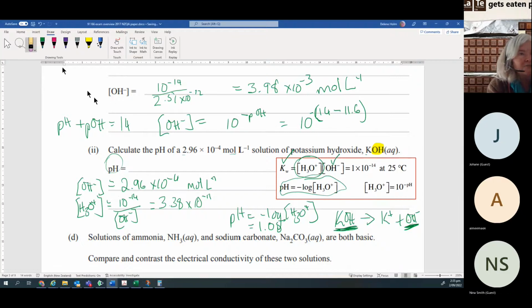So I'm going to rub that out and go, oh dear, but at least I managed to pick it up because I saw that my answer would be a bit ridiculous saying I've got a pH of 1 for a basic solution. Because obviously for a basic solution, it has to be bigger than 7. So pH of 1 would be incorrect.